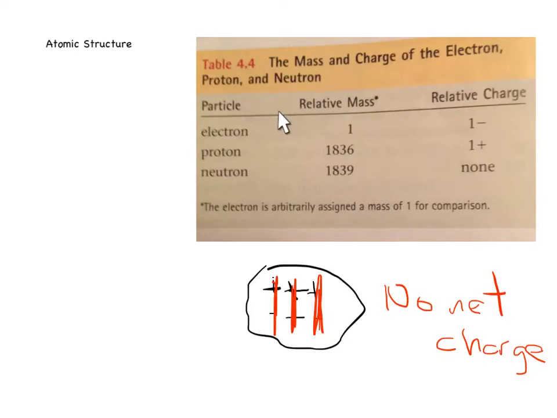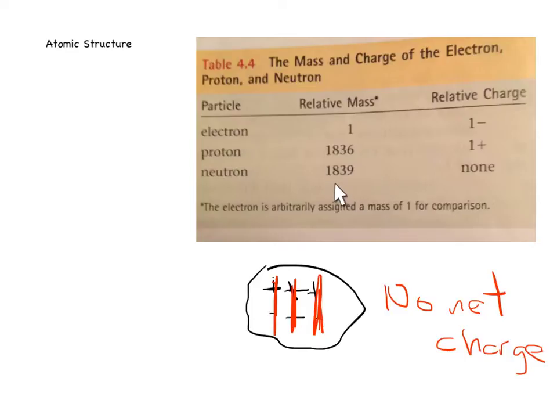Notice this relative mass. What this means is that if you arbitrarily, if they just say an electron has a mass of 1, and there is no unit on this, it's just saying that a proton is 1,836 times bigger in terms of mass than an electron.